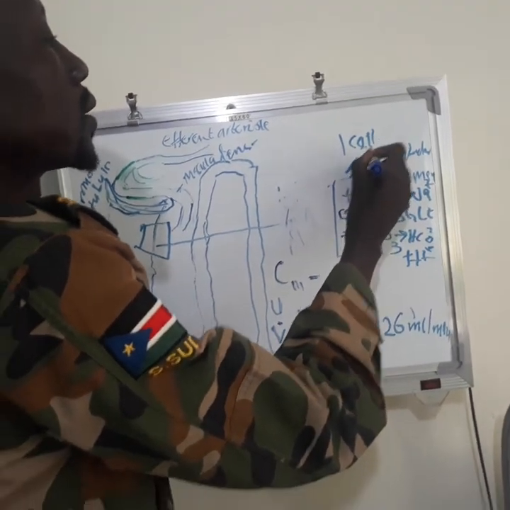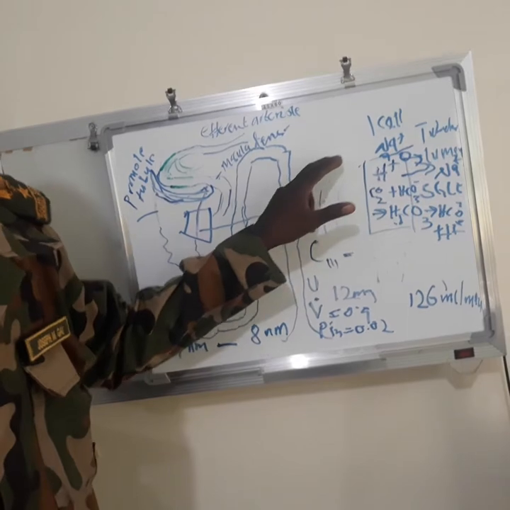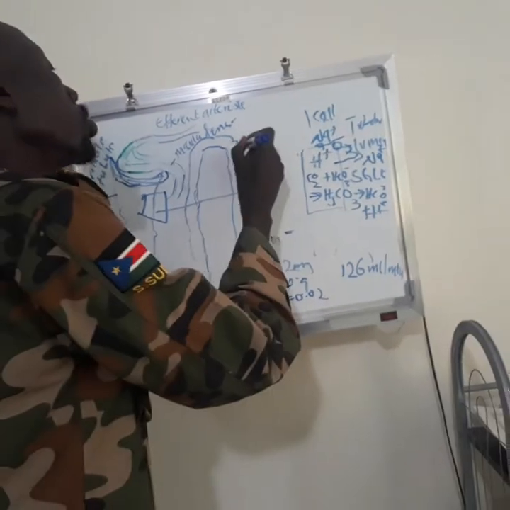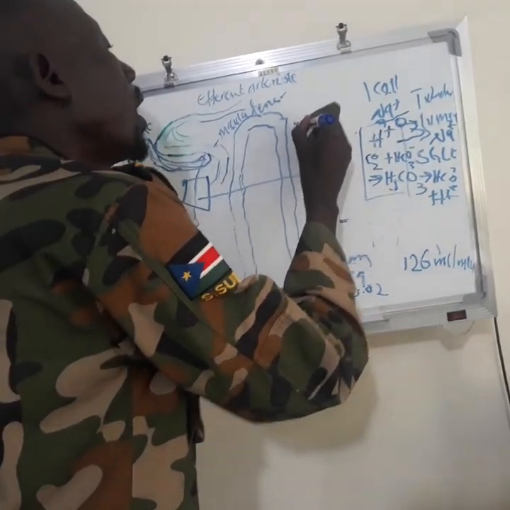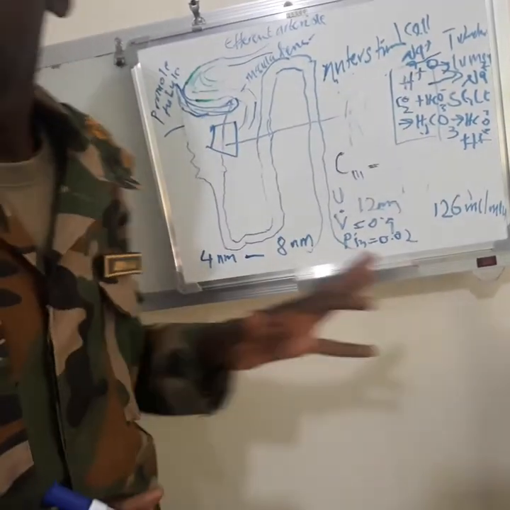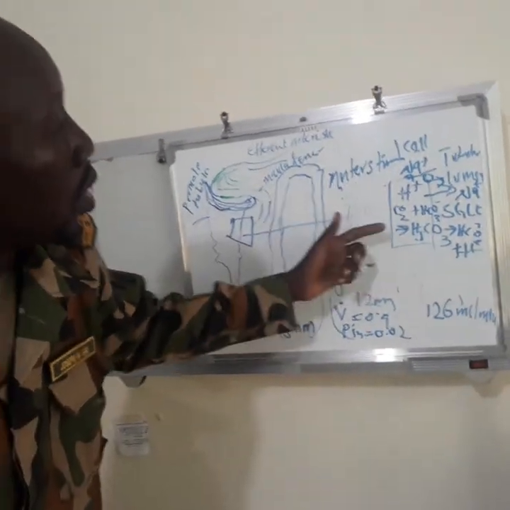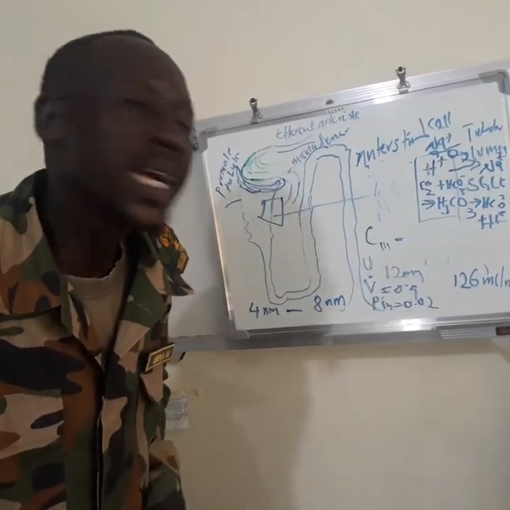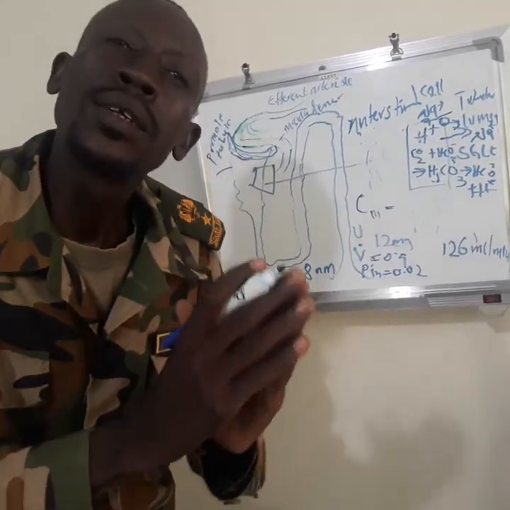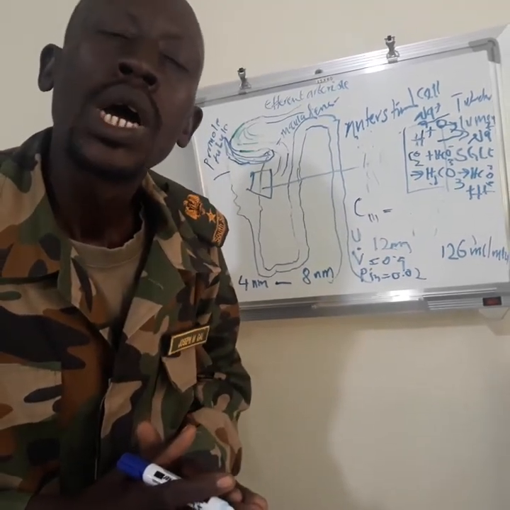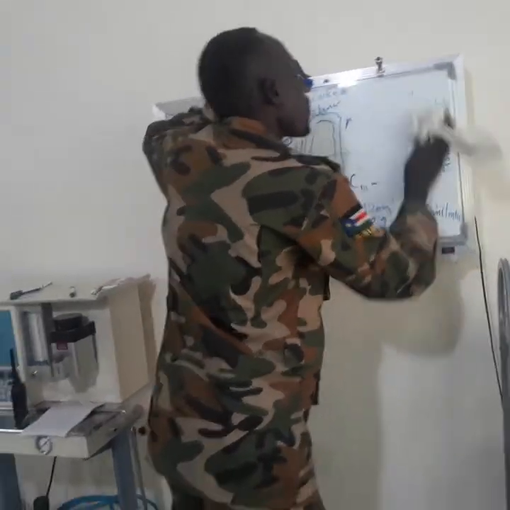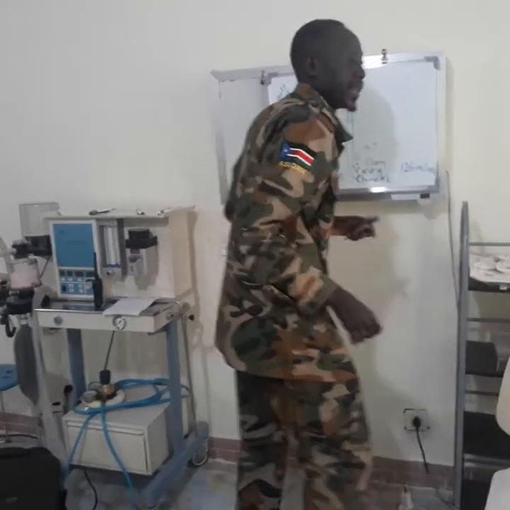Sodium goes into the cell, and from the cell, sodium is pumped out into the interstitium by the sodium-potassium ATPase. The process of carbon dioxide plus water giving carbonic acid is catalyzed by an enzyme called carbonic anhydrase.